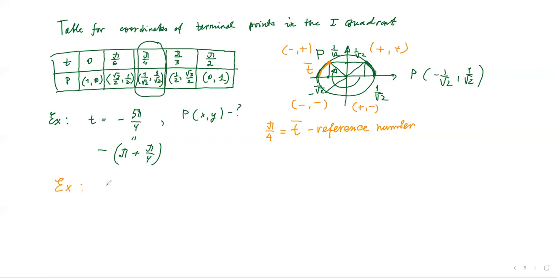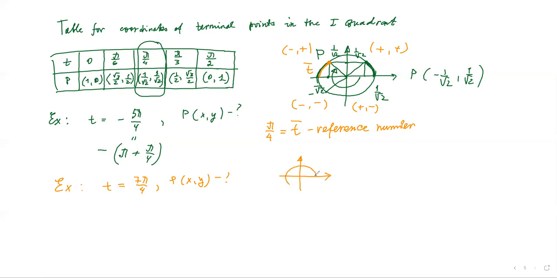Example: imagine that somebody gives us t equals 7 pi over 4, and they're asking us, okay, what is P(x, y)? What are the coordinates of the terminal point? Well, you kind of imagine, okay, how does this angle look? 7 pi over 4. It's almost 8 pi over 4, right?